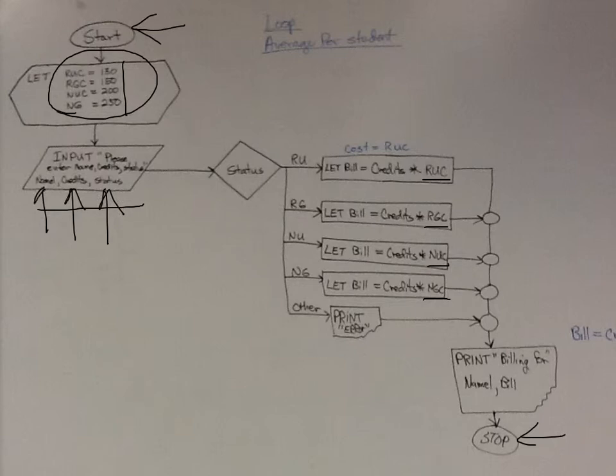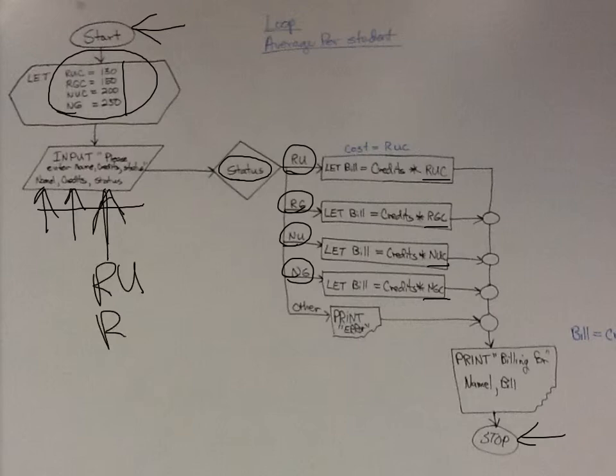A little hard to read, but that's what those are. And then here's the operational code. It's the status, and the status was going to be entered as one of these values. So when we enter it here, they had to put in either an RU, an RG, an NU, or an NG. We can read those.